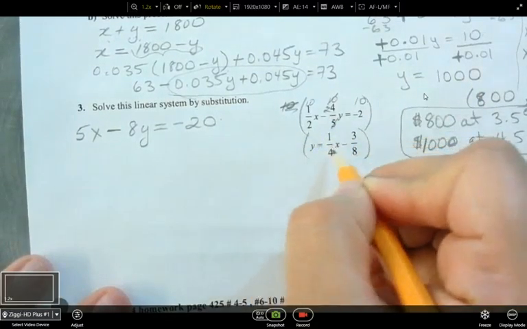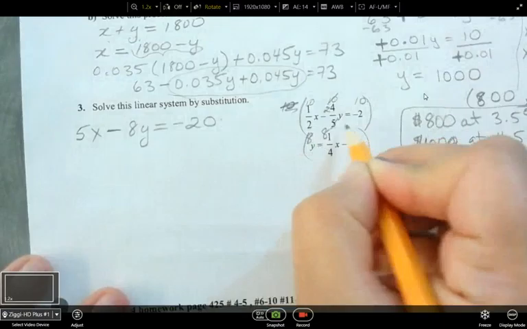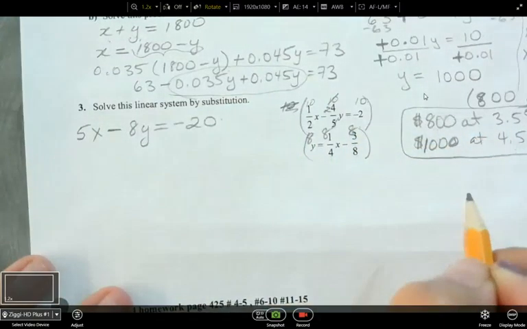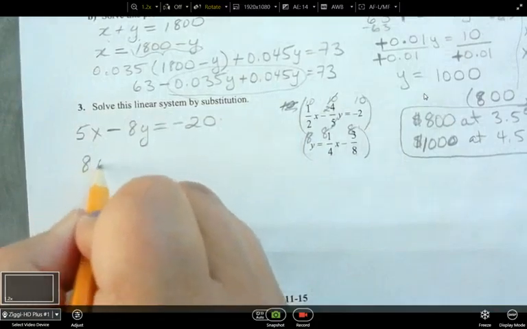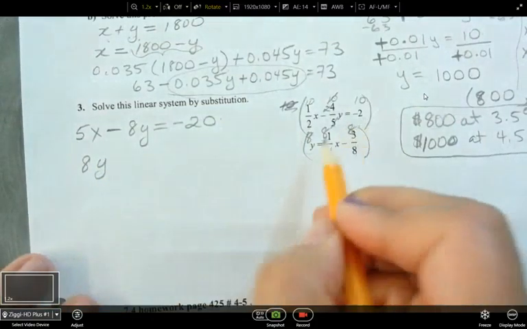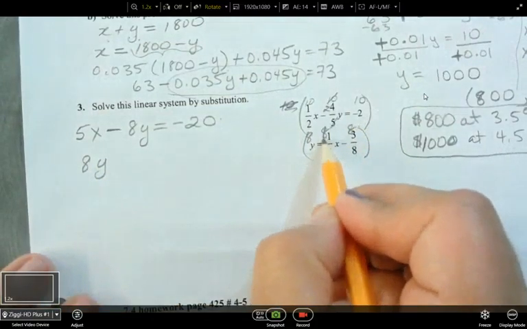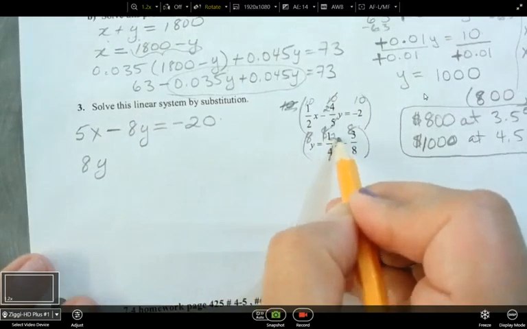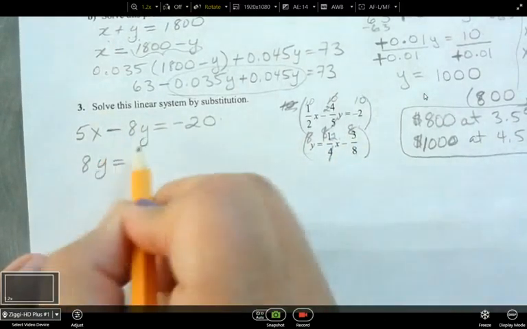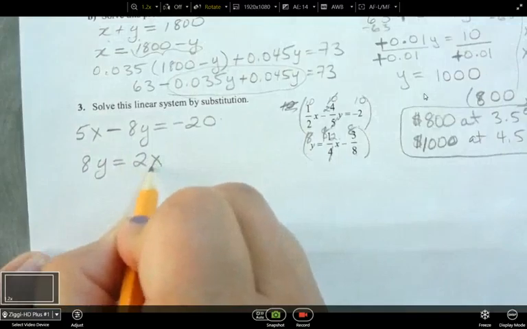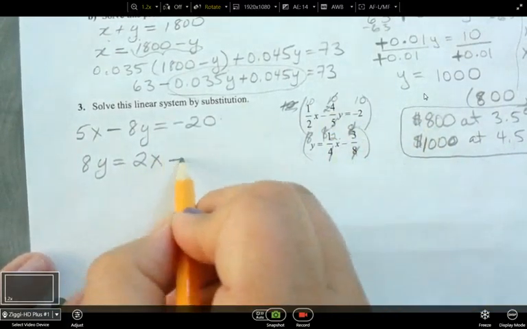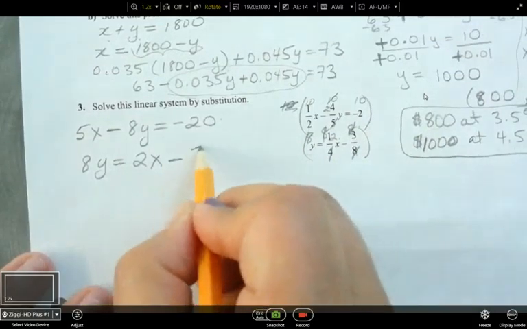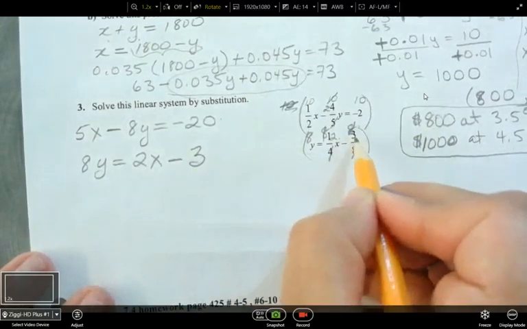So let's multiply everything by 8, every term. So what's going to happen with this first one here? 8y, okay, and then here I can reduce out a 4, so I end up with 2x. And over here I've got an 8 over 8, so minus 3. So I'm left with a 1. 1 times 3 is 3.